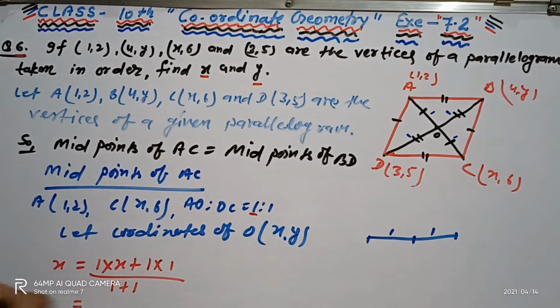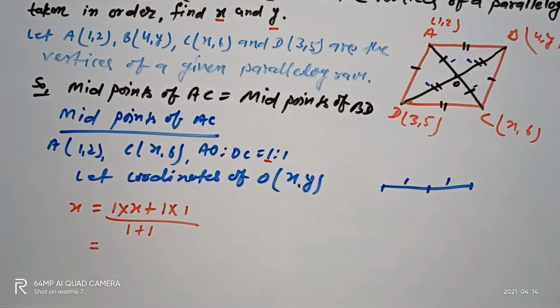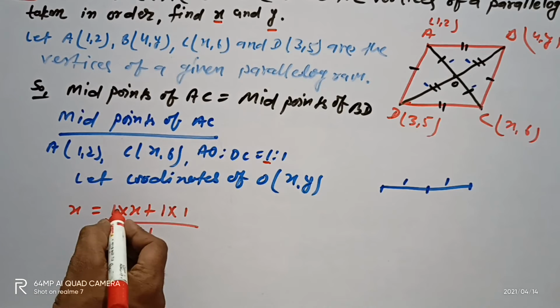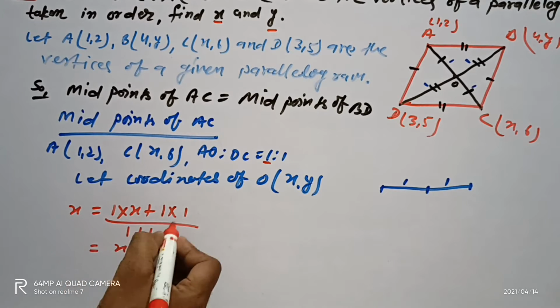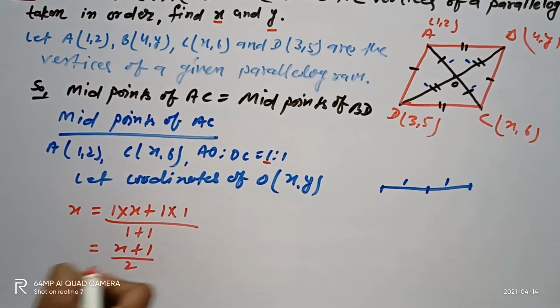So the x value we have got here is (x + 1) by 2.